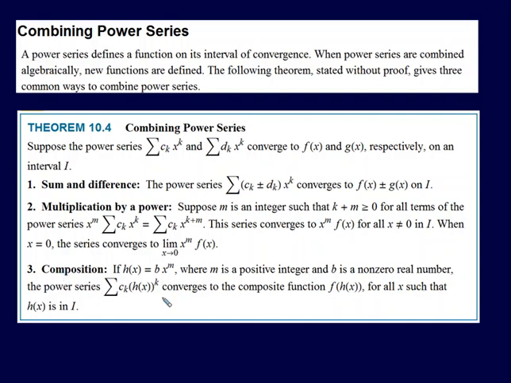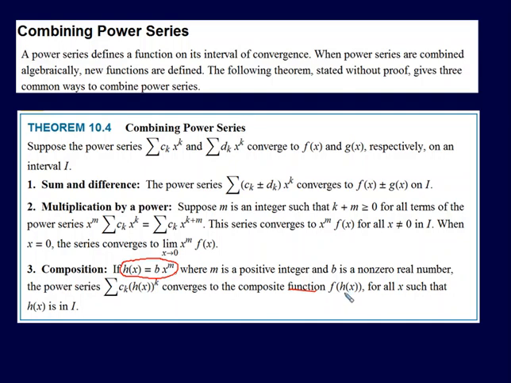Let's suppose that f is our primary function and we have a second function h. The form of this function h is going to be required to be a monomial of the type where there's a coefficient times some power of x. And now we're going to perform a composition f of h of x.